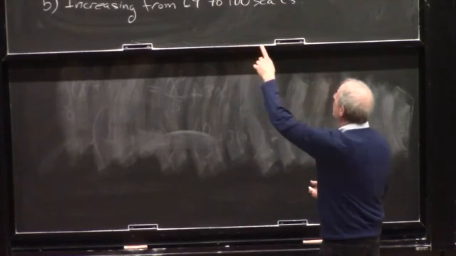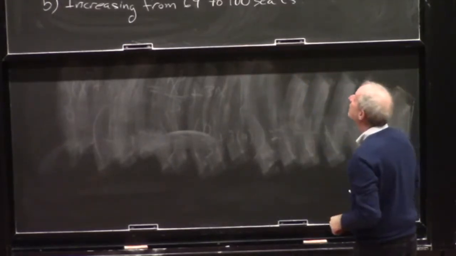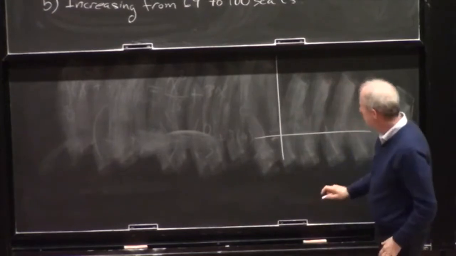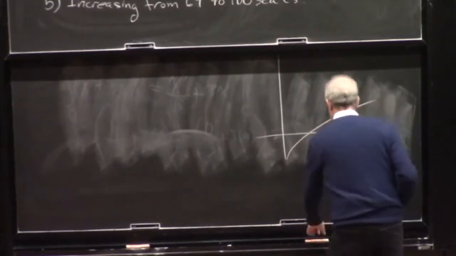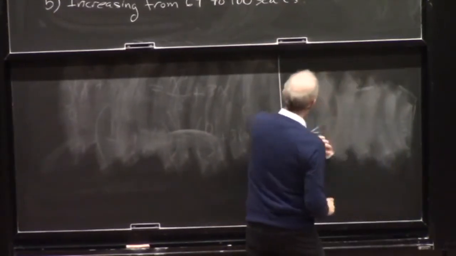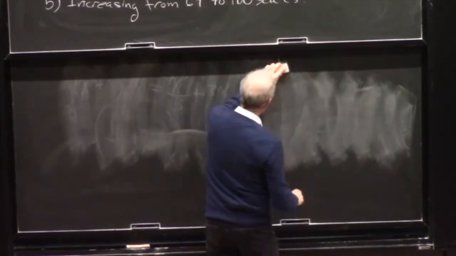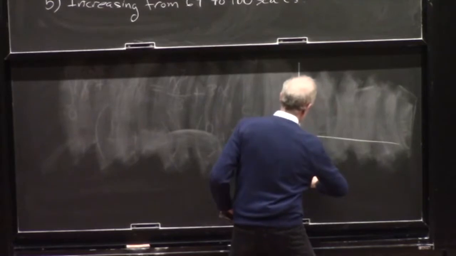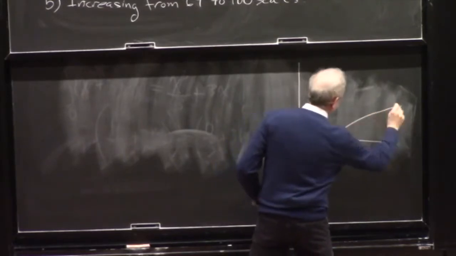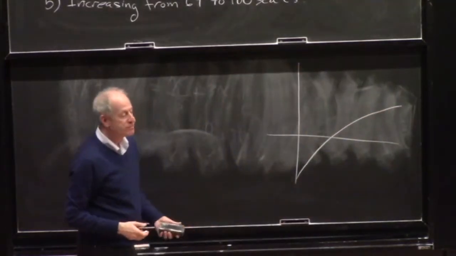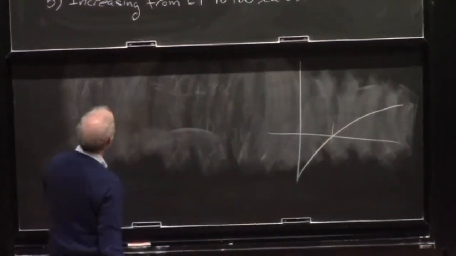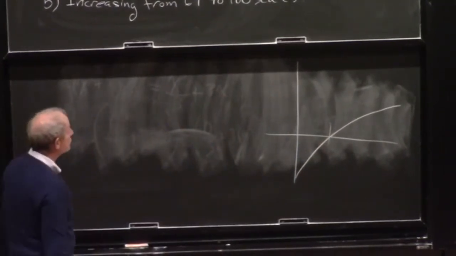Let's think about what this graph looks like. Square root of x minus 6. Let's do a better graph than that. Square root of x minus 6 looks something like that. Okay? Where this is 36.